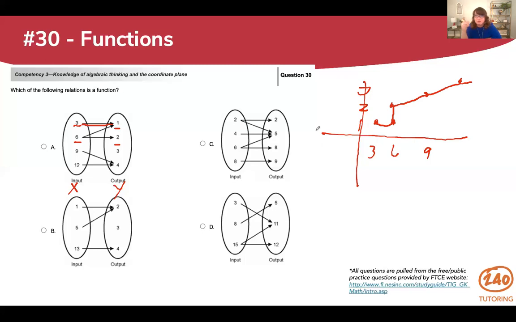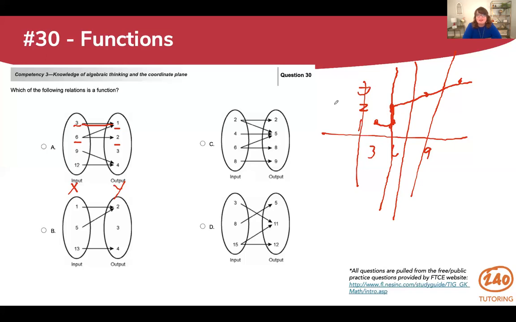For it to be a function, it has to pass the vertical line test. So if I draw a vertical line anywhere through here, it can only intersect one time. Well, what's going to be the problem right here? It's going to intersect twice at the 6-1 and 6-2 points.